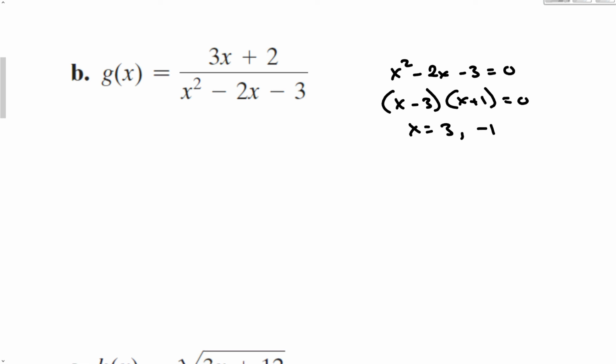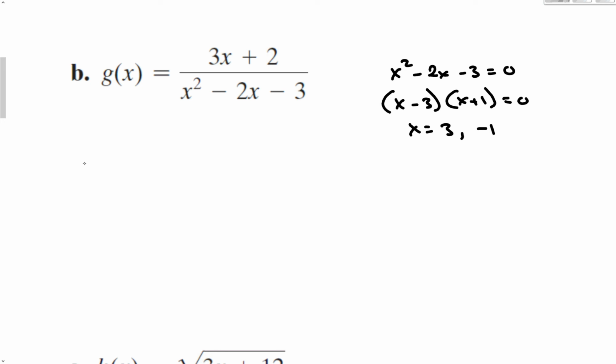So those are the two places where the denominator would be equal to 0. So when I make my domain, I'm going to have to skip over those two numbers. But I want every other number. The domain of this function is all real numbers except for 3 and negative 1.